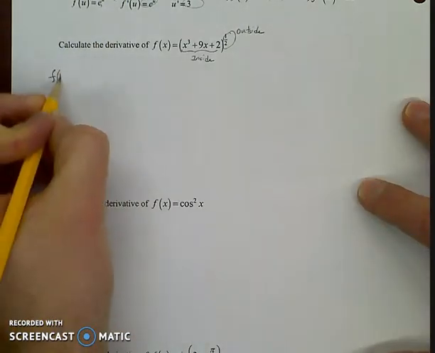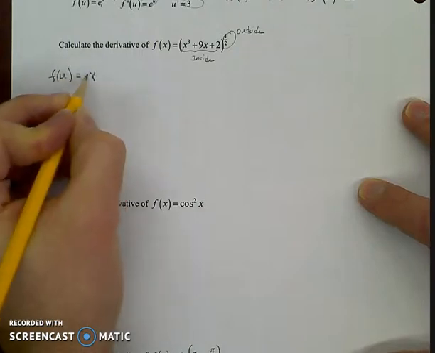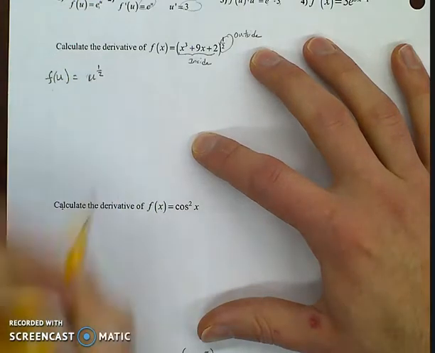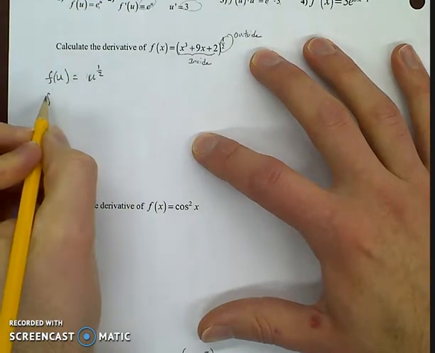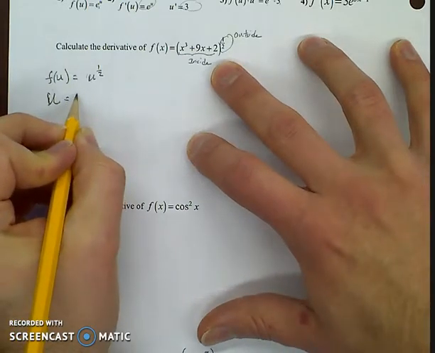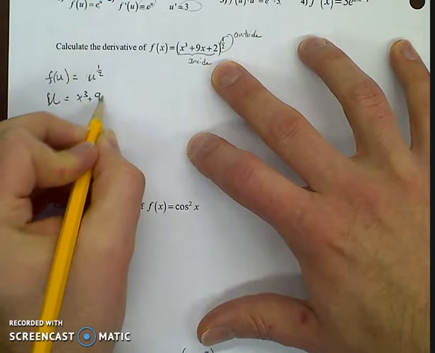So what is f of u? F of u is u to the 1/2. U is the inside, x cubed plus 9x plus 2.